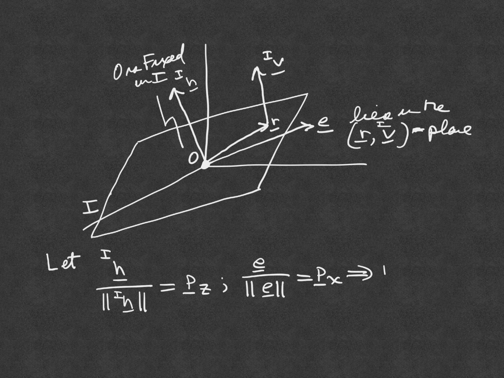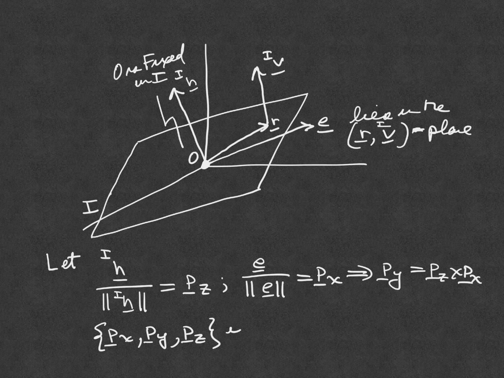Then that implies that PY is equal to PZ crossed with PX. And this basis, PX, PY, PZ, is fixed in the inertial frame I.